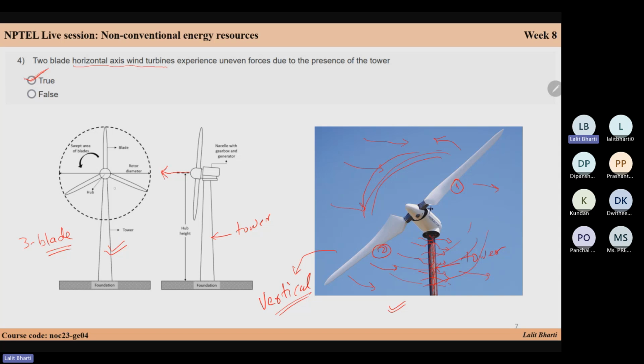So this three blade design is the best for this type of windmills. So the question was, a two blade wind turbine experiences uneven forces due to the presence of the tower. So yes, true, the statement is correct.